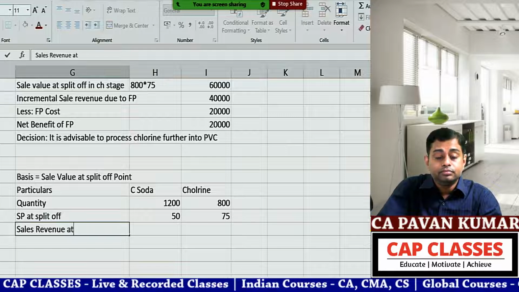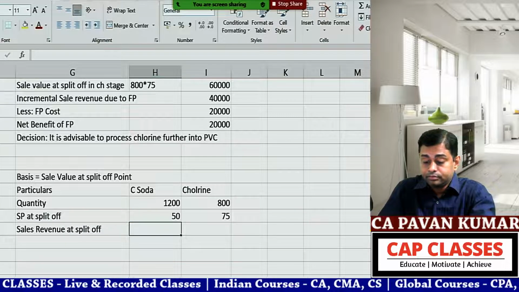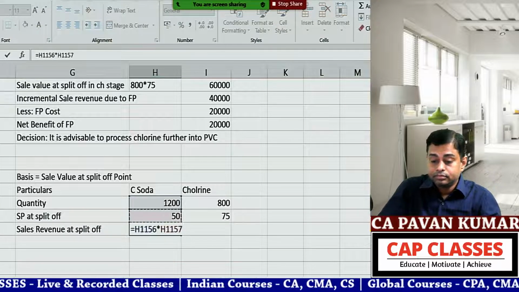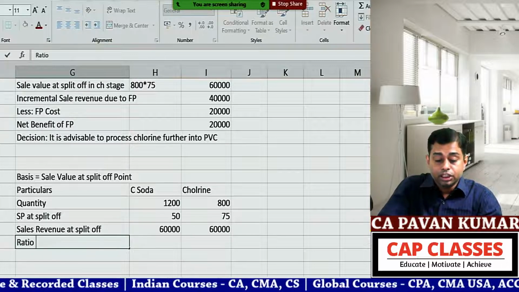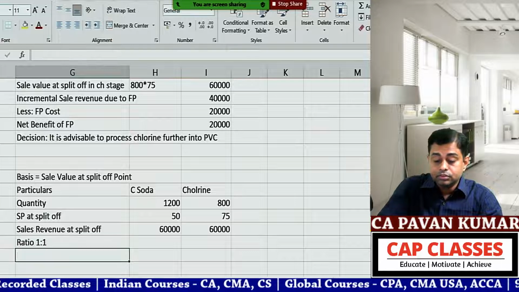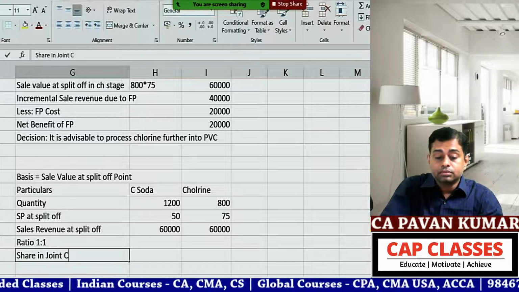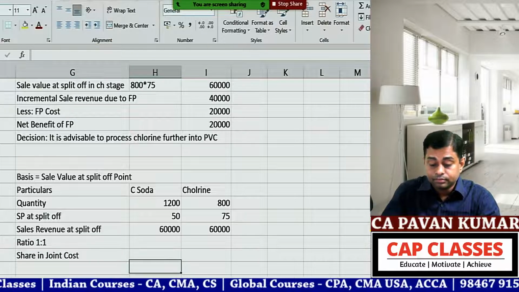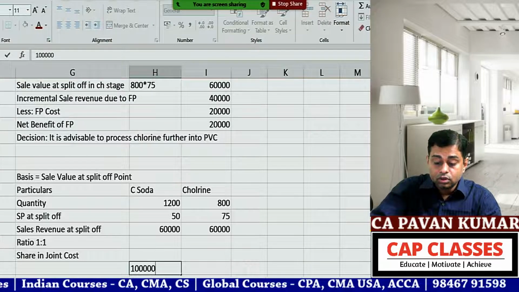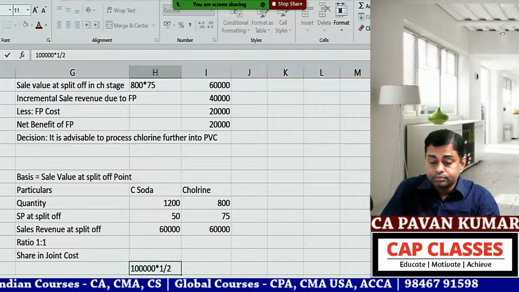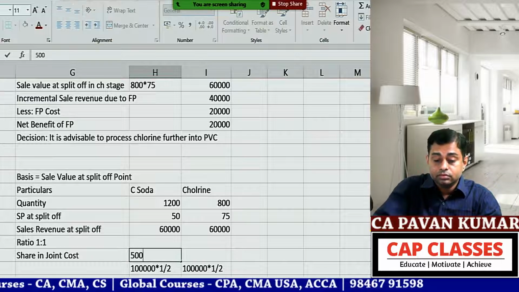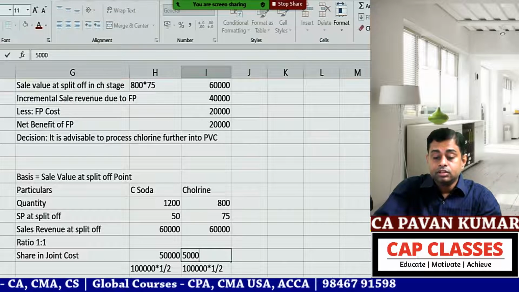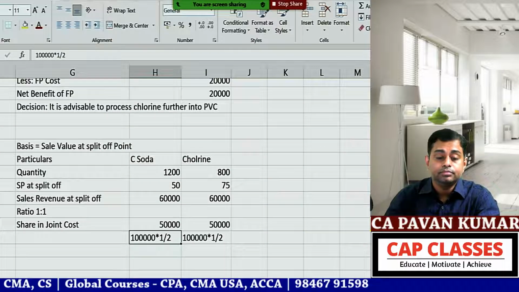Sales revenue at split off: 60,000, 60,000. Ratio 1:1. Sharing joint cost, total joint cost 1 lakh. 1 lakh into 1/2, 1 lakh into 1/2. 50,000, 50,000. Do you understand this?